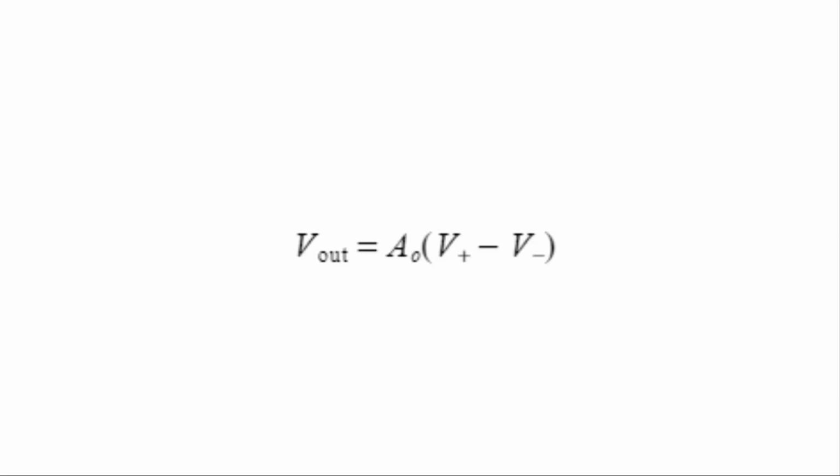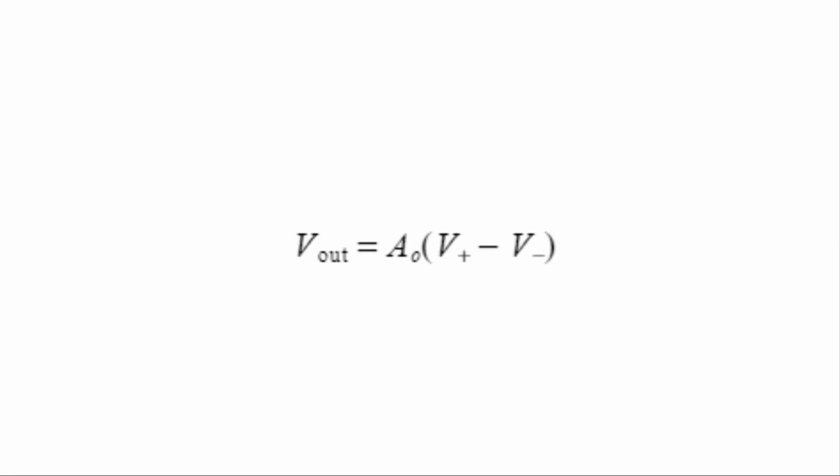There's one formula you will really need to know for op-amp circuits. It's the expression for an op-amp's output voltage as a function of its inputs. It has V positive, the non-inverting, and V negative, the inverting inputs, and its open loop voltage gain, which is AO. That's the gain right there.